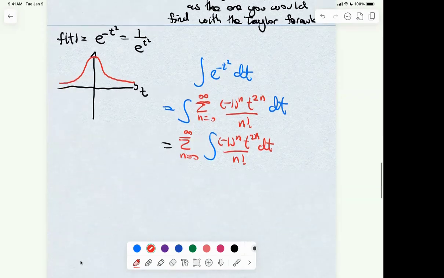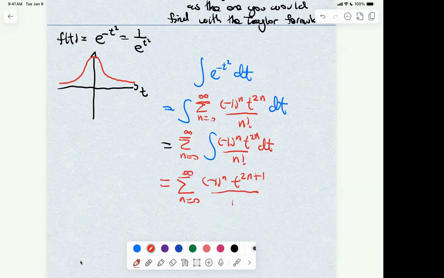So you would get... and then you can add an arbitrary constant of integration at the end of the process. Let's just put it plus c, outside. I'll put it at the beginning because I don't want it to be thought that it's inside the sum.